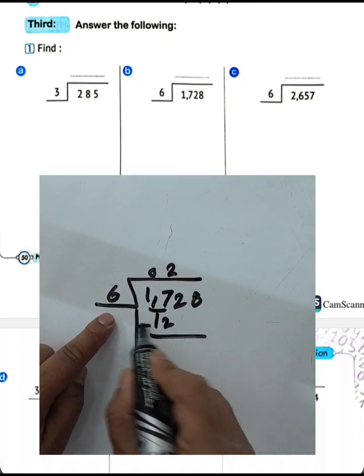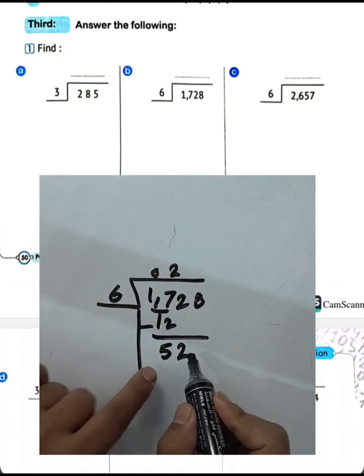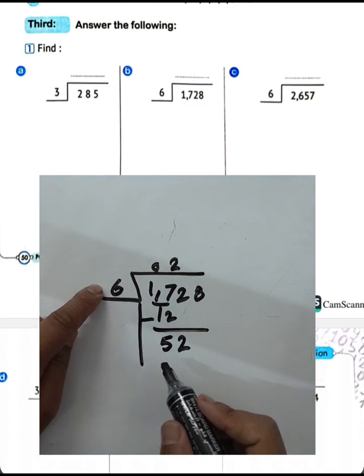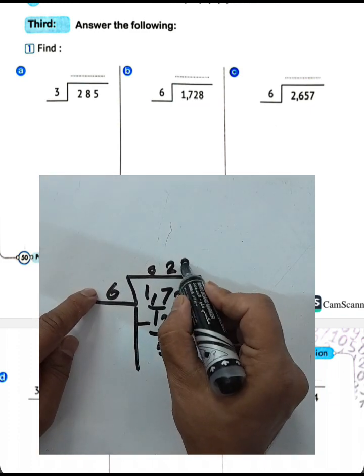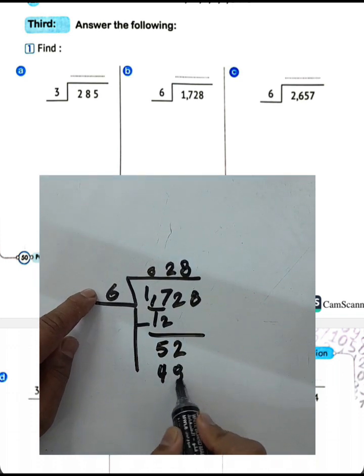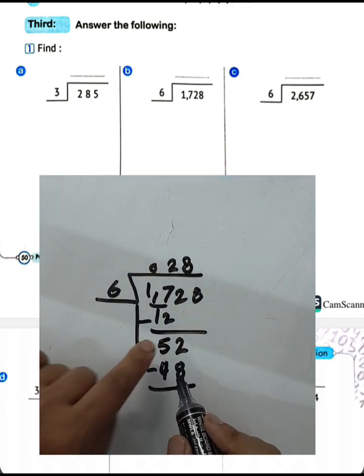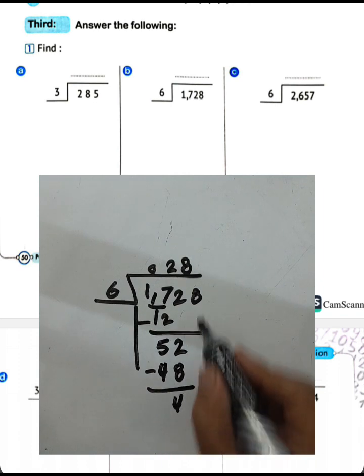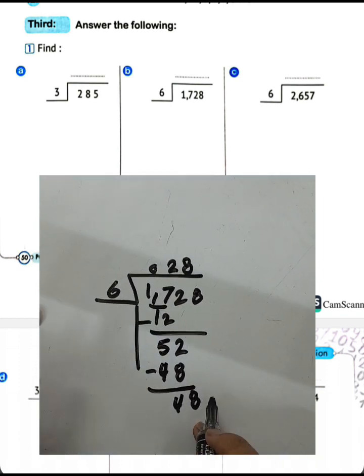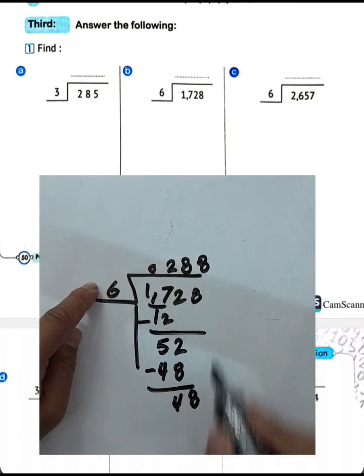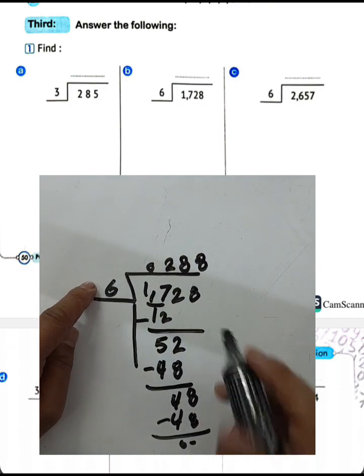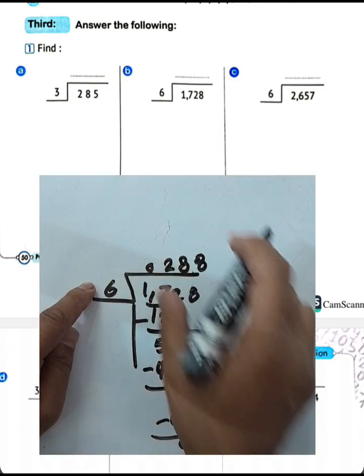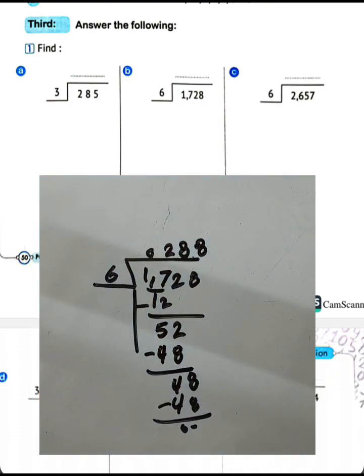The difference between them is 5, and then drop 2. 52 divided by 6. 6 times 9 equals 54, which is greater than 52, so 6 times 8 equals 48. The difference between them, 52 minus 48, is 4, and then drop 8 here. 48 divided by 6 equals 8. 6 times 8 equals 48. The difference between the two numbers is 0, then 288, we call this the quotient. Question letter C.